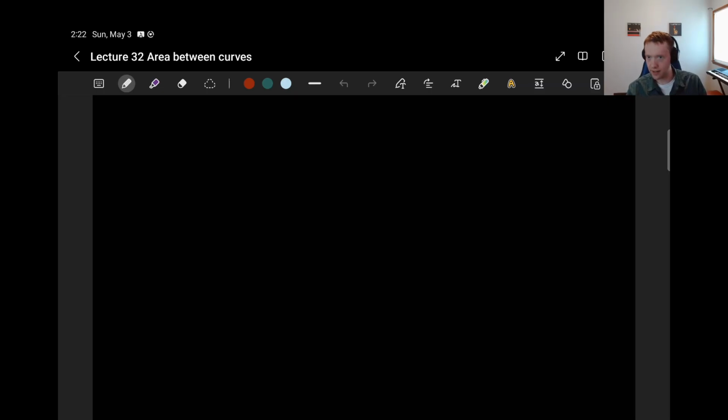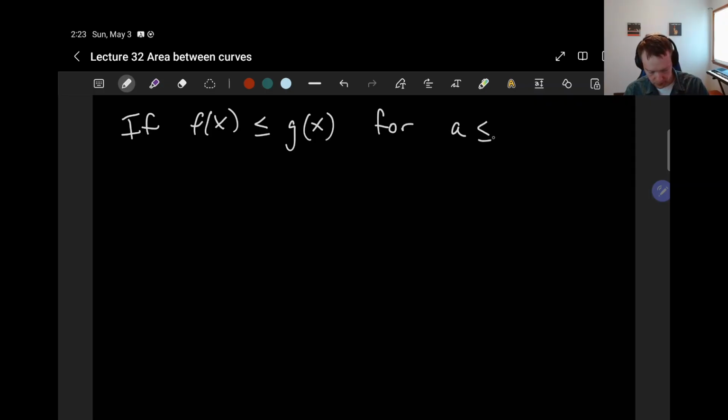So we've talked about area under the curve for a while using the definite integral. But now we've got two curves involved. Let's say they're f of x and g of x, and g of x is the higher one in terms of y values, on some interval where x is between a and b.